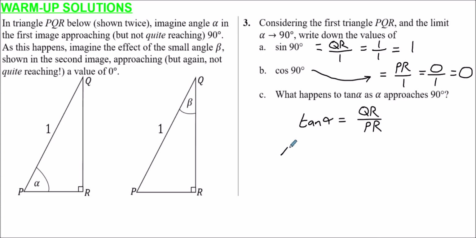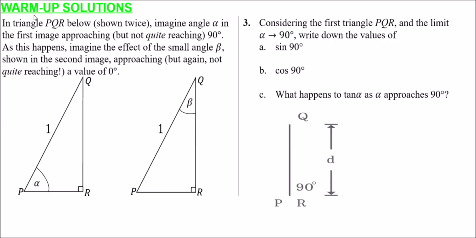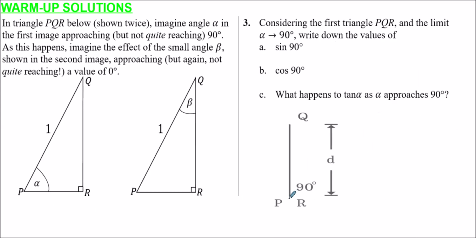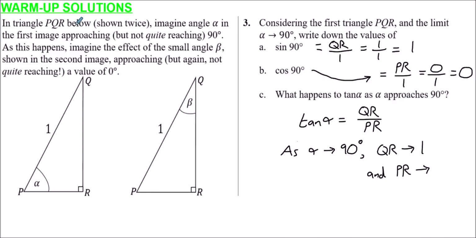And so as alpha goes towards 90 degrees, the side QR goes towards 1. But the main thing to notice is this bottom side, PR, I'll show you again, PR goes smaller and smaller towards being infinitesimally small. PR approaches 0.